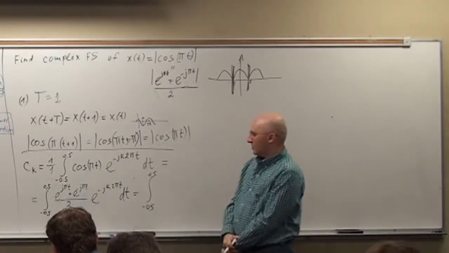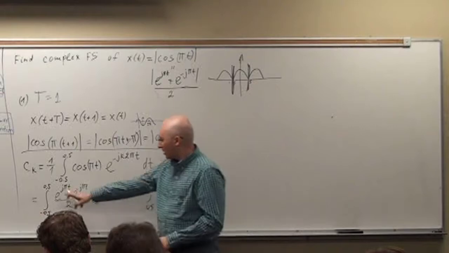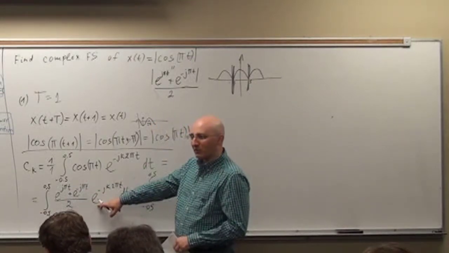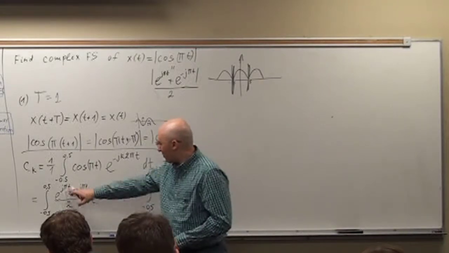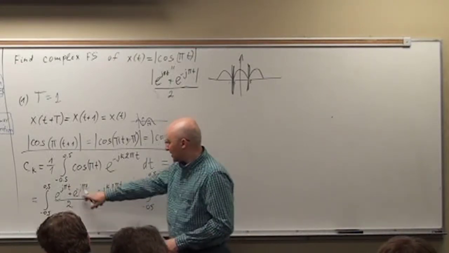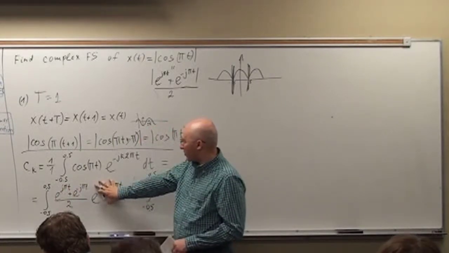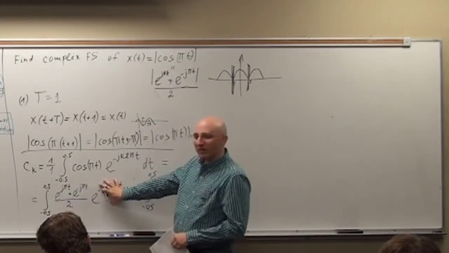Now we have basically a sum of two integrals here. So you can take that first part times that second exponent. Remember how you multiply two exponents? You just add the powers, right? And then the second exponent is the same thing.